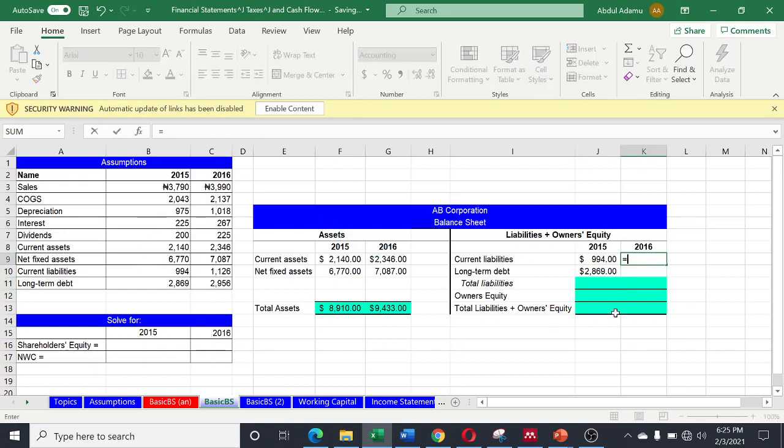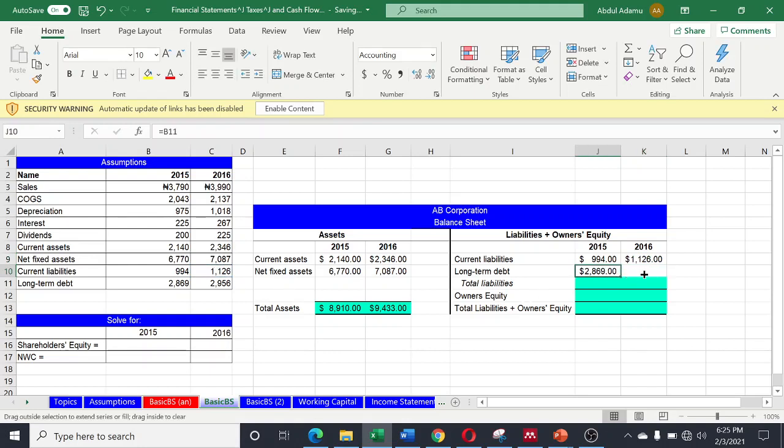Current liability is equal to the 2016 value, which is this. We can drag this here since they are close together. You can see it brought 2,095.